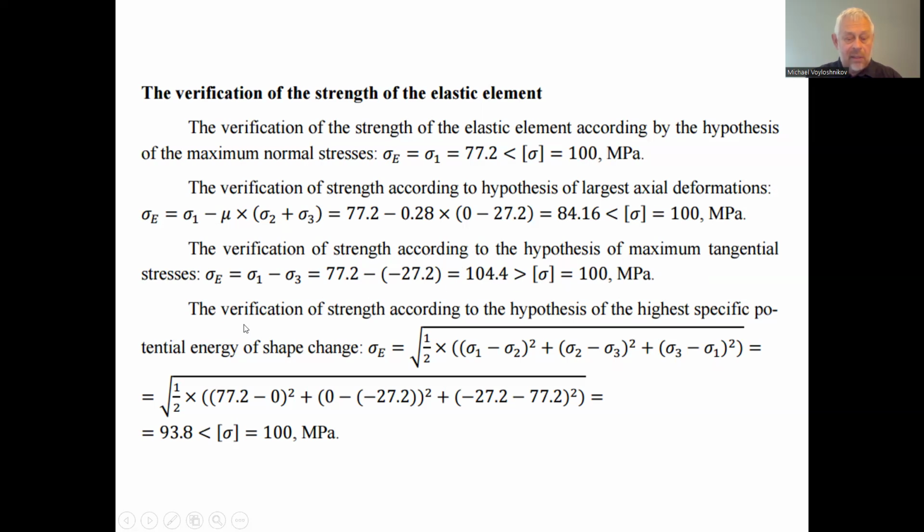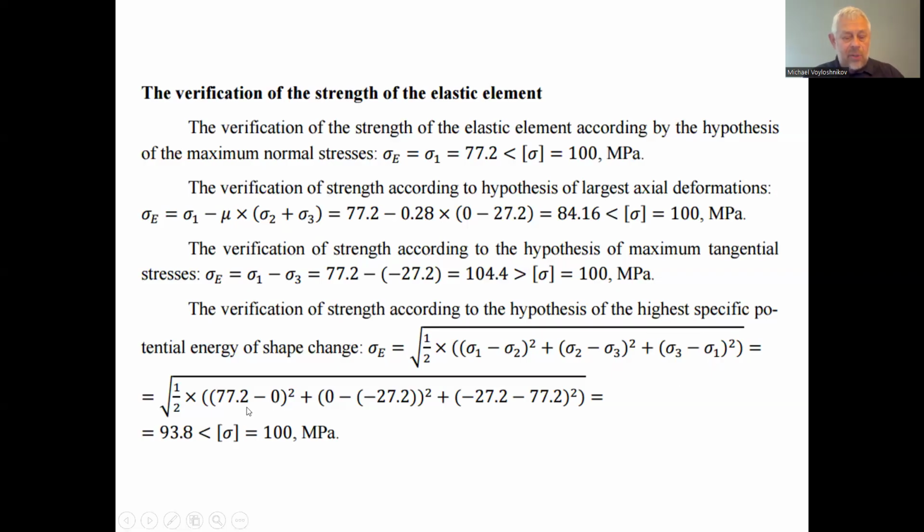And let's consider, just for example, the verification of strength according to the hypothesis of the highest specific potential energy of the shape change. We consider it by the formula got in the previous article, the square root of the differences. The last difference looks like the equivalent stress by the hypothesis of the maximal tangential stresses: sigma 1 minus sigma 3, here we have sigma 3 minus sigma 1, but it is squared, so the squared magnitude is positive.